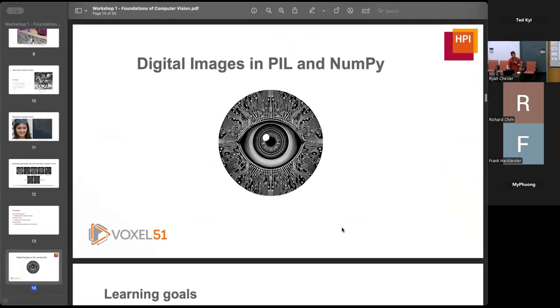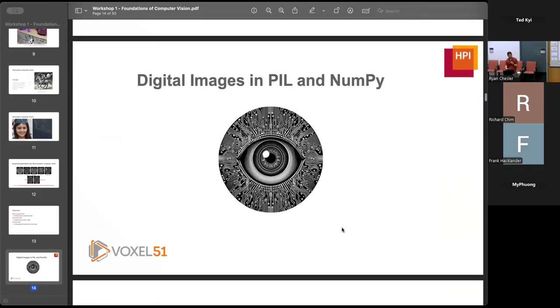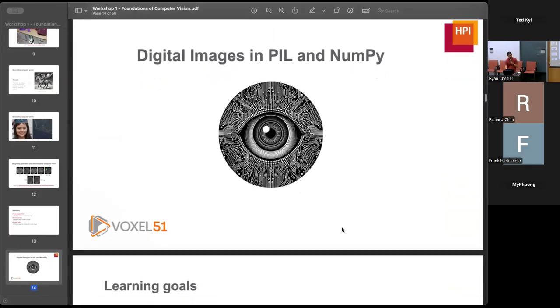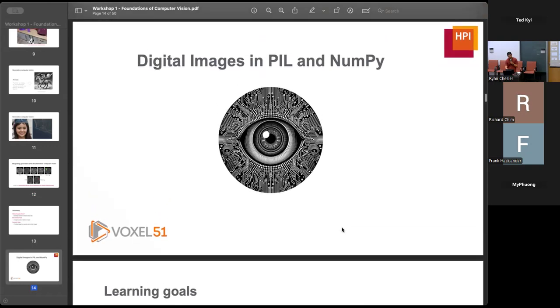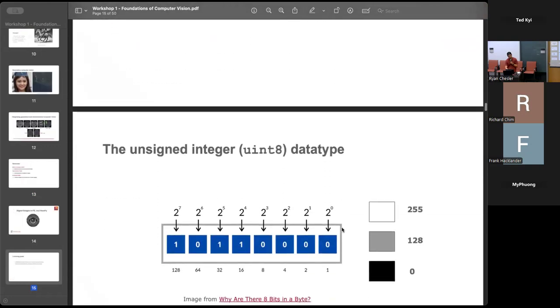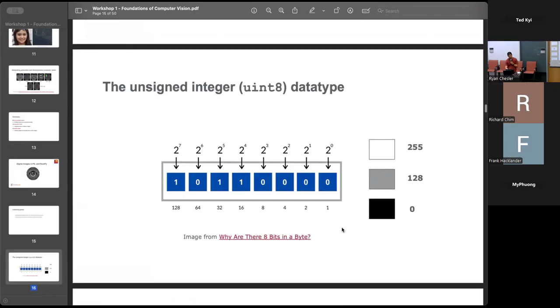So after that, they were talking about how images are actually represented with the common libraries. They walked through Pillow and NumPy. One of the things they were talking about is that images are represented by these uint8 values, which can go from 0 to 255.